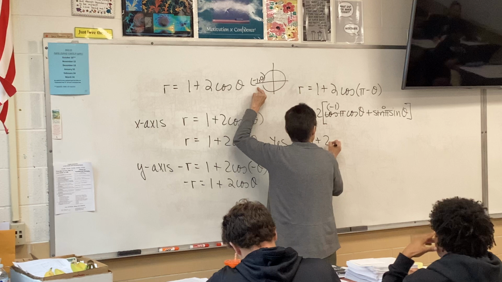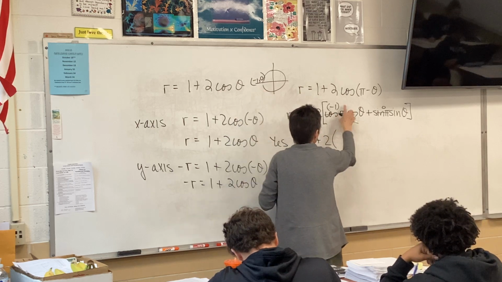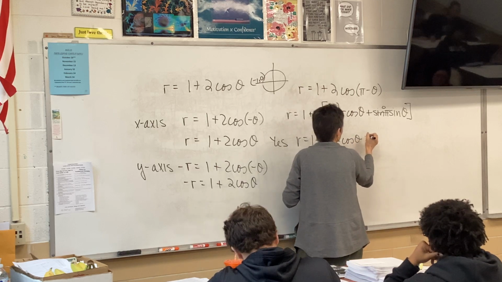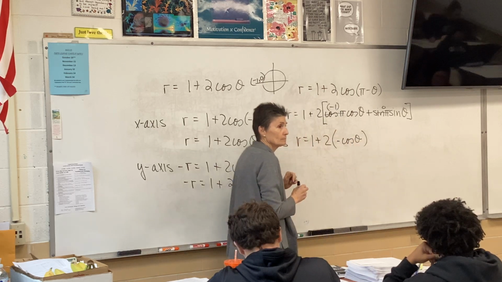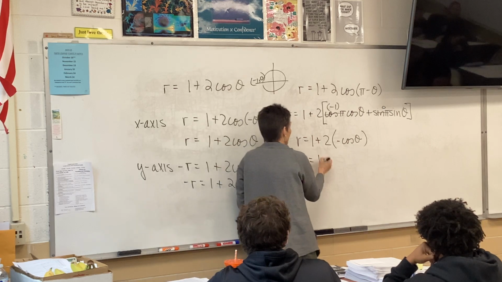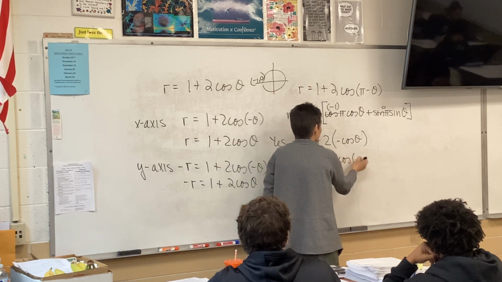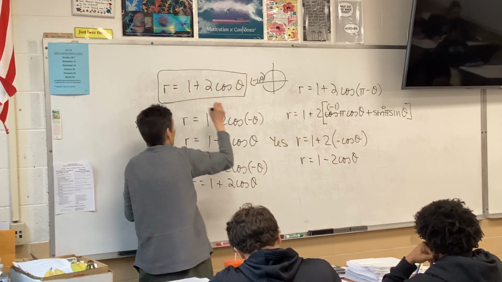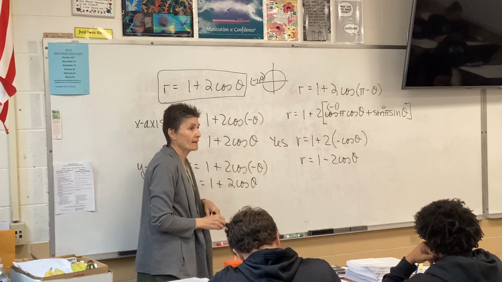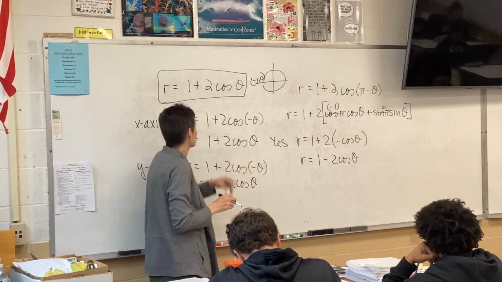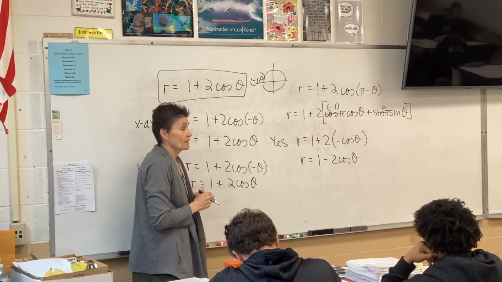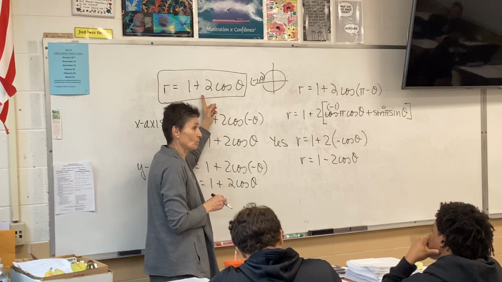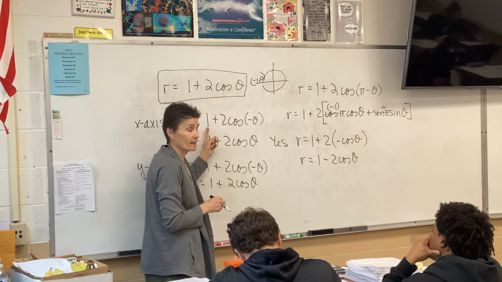R equals 1 plus 2, negative cosine plus 0. So r equals 1 minus 2 cosine. Is that the same as the original equation? Nope. So guess what? There's no symmetry about the y-axis for that equation. If you graphed that limaçon, it's not symmetric about the y-axis. It is symmetric about the x-axis.